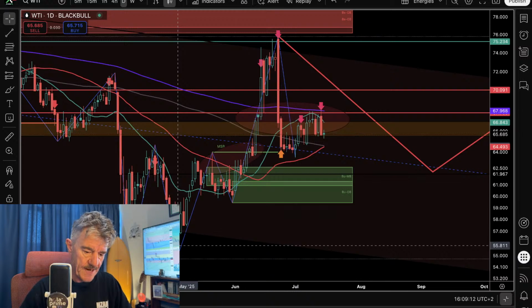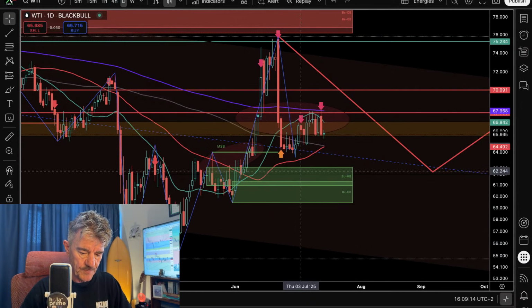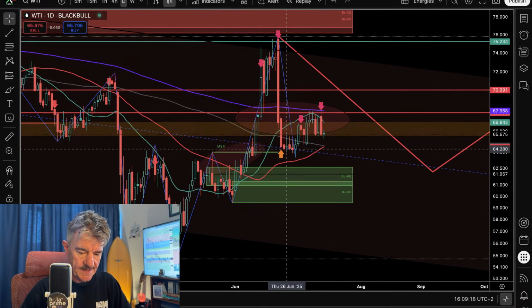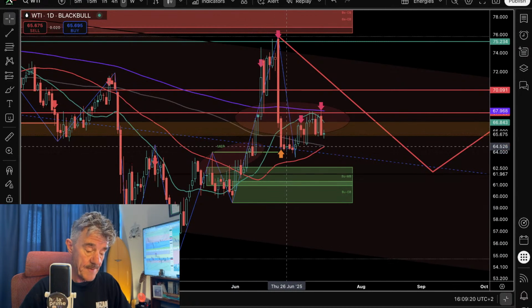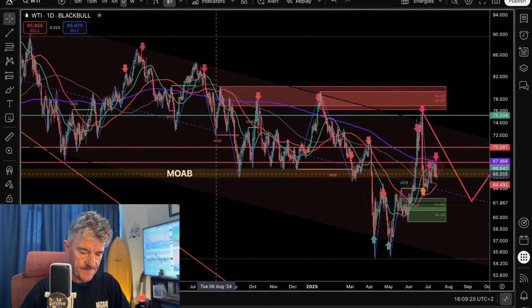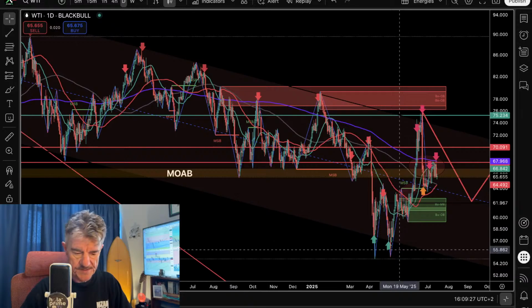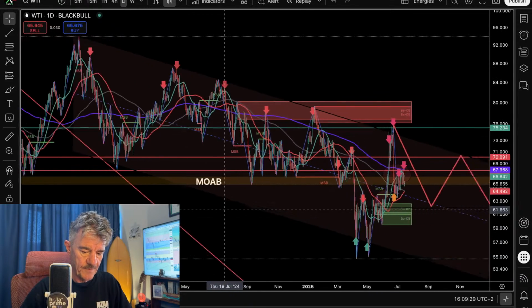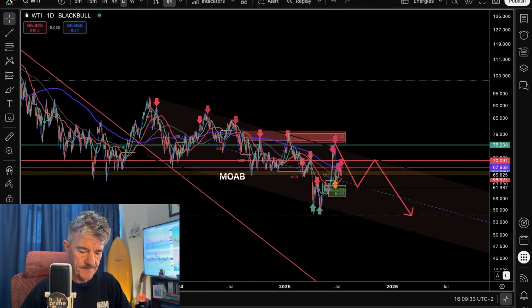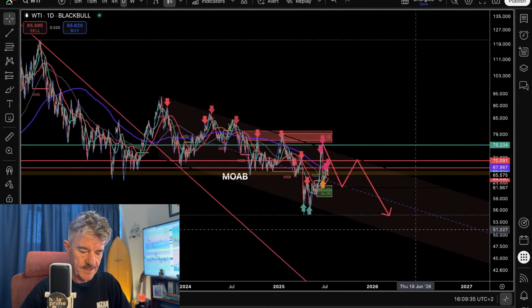But at some point, I think we'll bounce from there, probably back up into this order block, back up to about $60 from 55, maybe even slightly higher, $65, maybe all the way back up to the underside of Moab again, back to here, 66. But then eventually a breakdown below those levels to new lows.